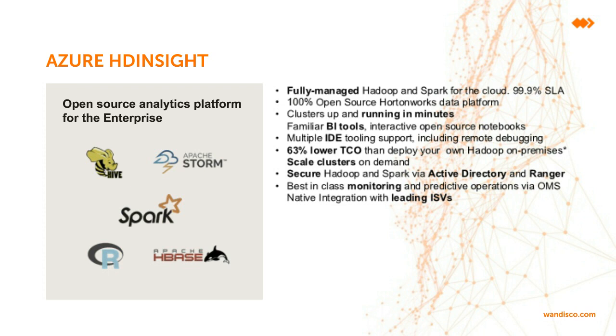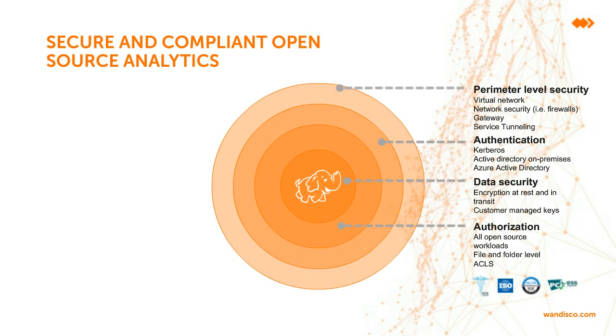This is an overview of what Azure HDInsight provides in terms of security and compliance. Again, we have different levels of security. At the very extreme, we give you virtual networks and authentication using Kerberos or Active Directory, data security, which is around encryption, and then authorization, both at the workload level in terms of how our query is being run, and also at the data level on how the query is accessing the data.